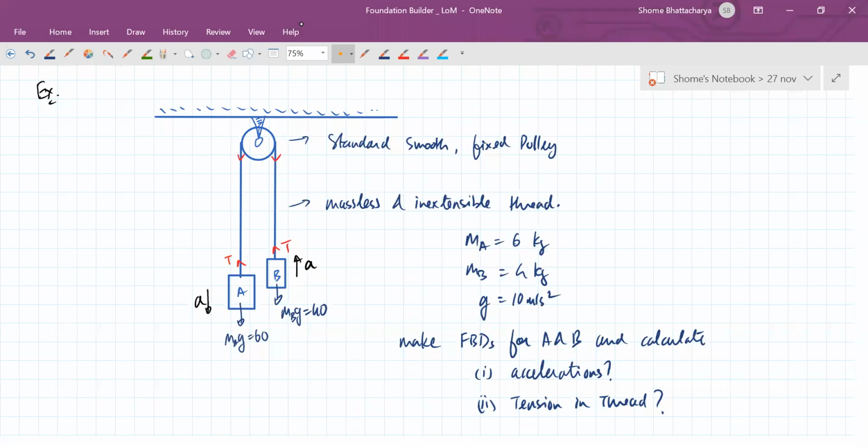Yes. Finally, Kunj, your answer is correct. But tension you have to check once. Tension is probably not correct for you. You will get the common acceleration magnitude as 2 meters per second square when you solve, or g by 5.